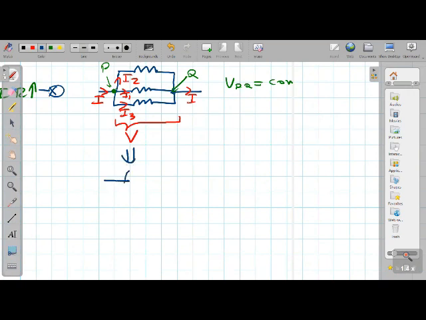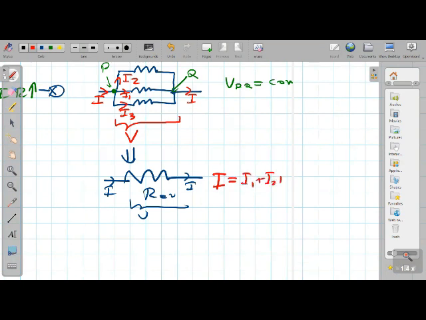Now the equivalent resistor is the same as the previous one, with voltage V and current I. What can I do now? It's not the voltage that splits here, it's the current. I equals I1 plus I2 plus I3 as equation number 2.